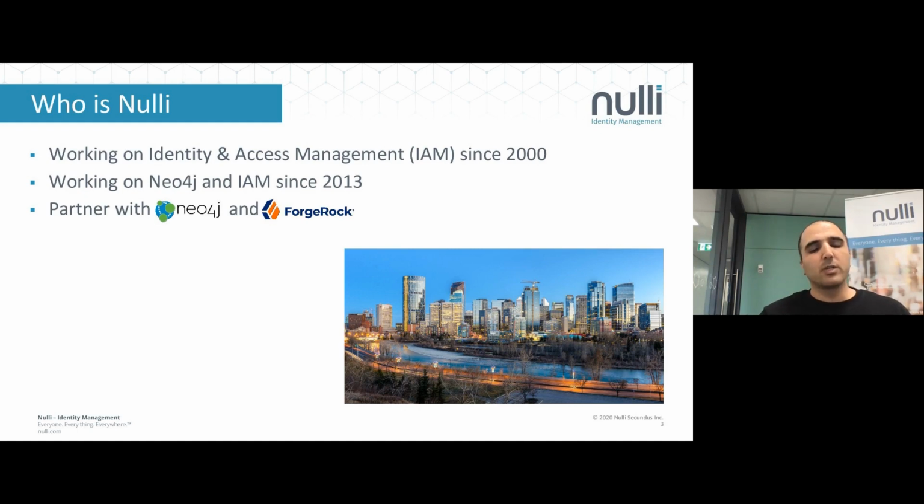We are partnered with Neo4j and also ForgeRock. You know about Neo4j, and ForgeRock is basically a vendor of IAM services, for example, services for authentication, authorization, and directory services, things like that.